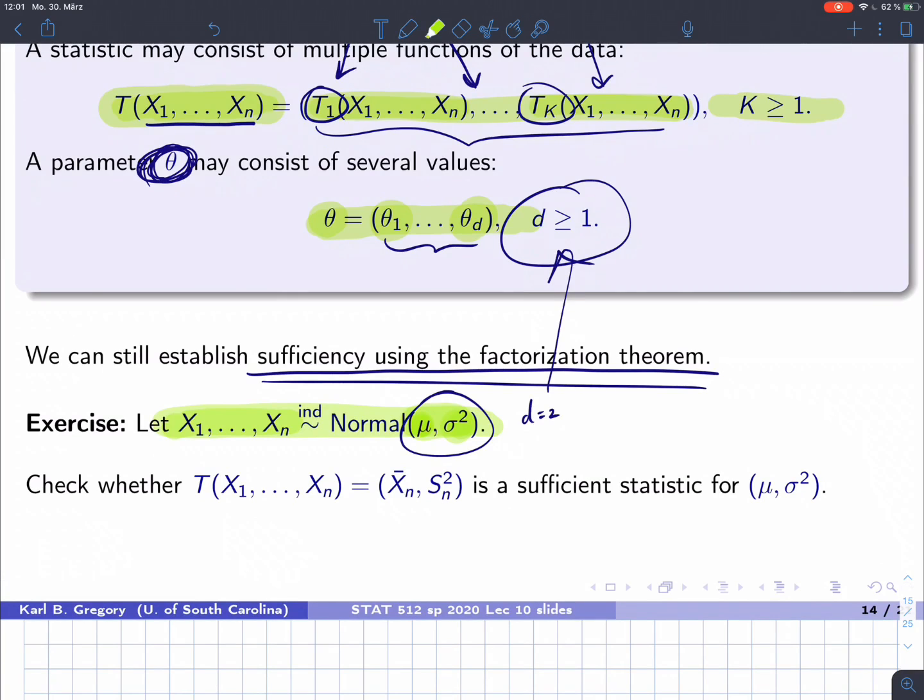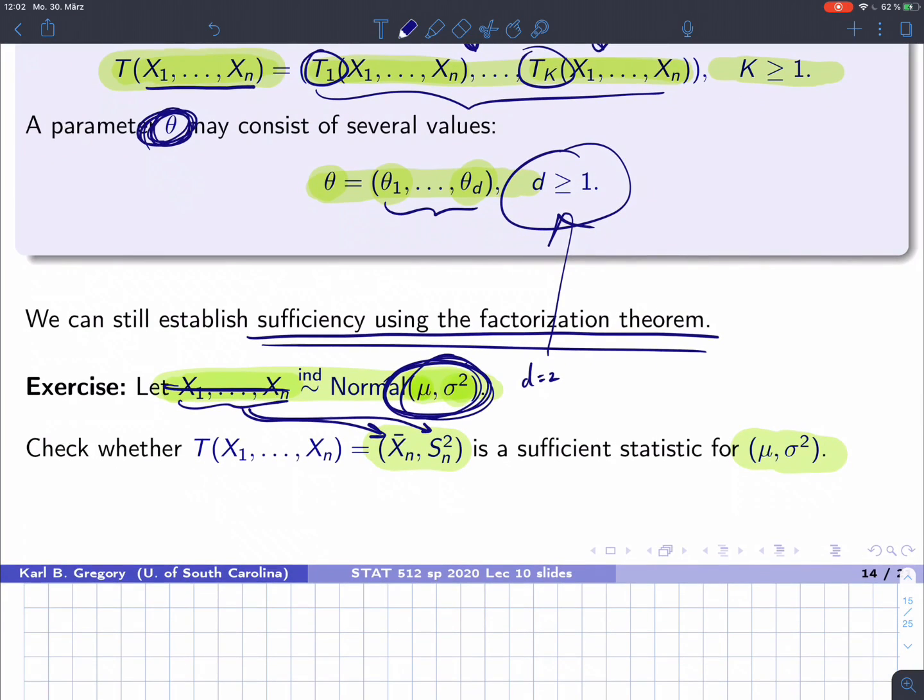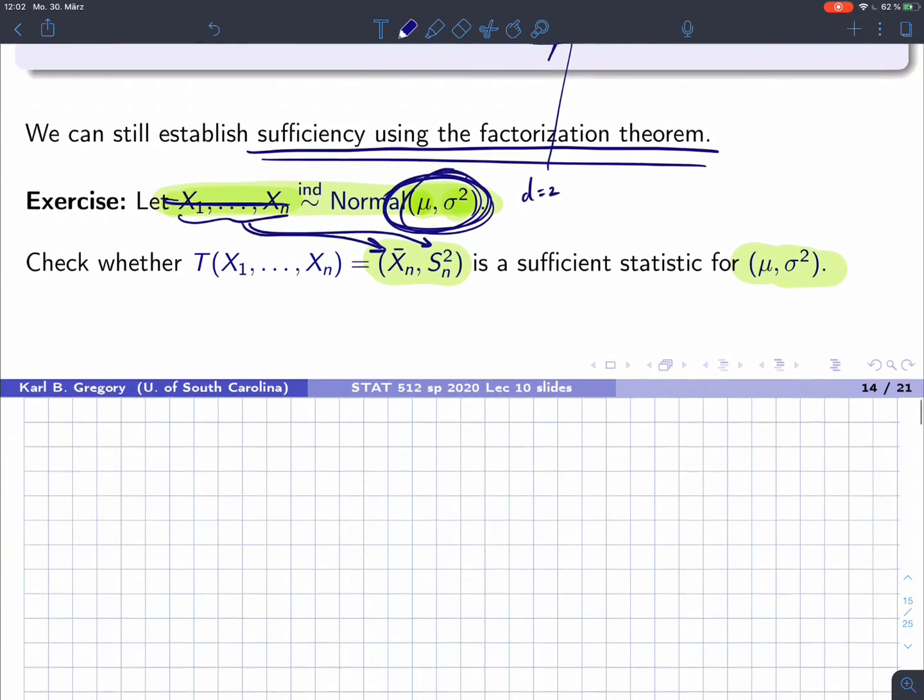And we're interested in checking whether, if I use x1 through xn and compute the sample mean and the sample variance, and then I throw away the individual values, x1 through xn, have I lost any information about mu and sigma squared? That's what we want to check. And so we're going to check whether this pair of functions of the data is sufficient for this pair of parameters. Okay, so we can use the factorization theorem in this way.